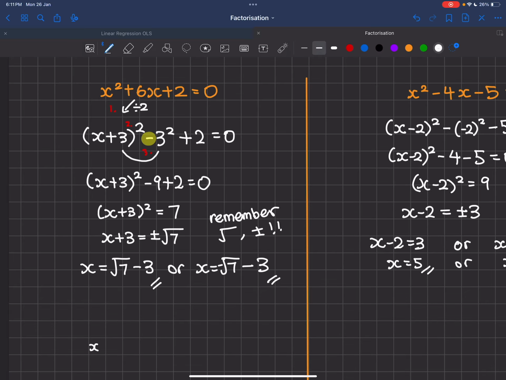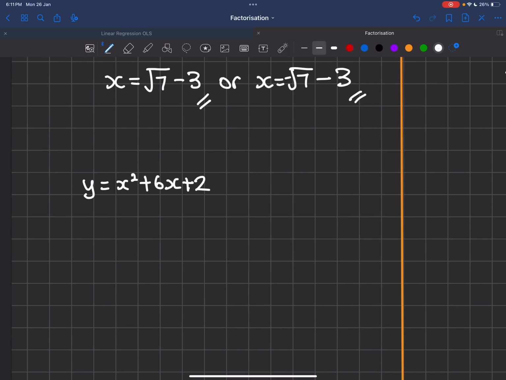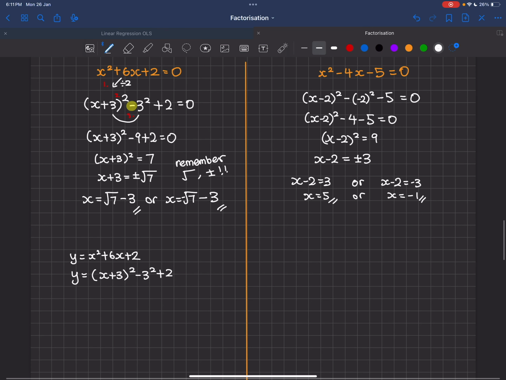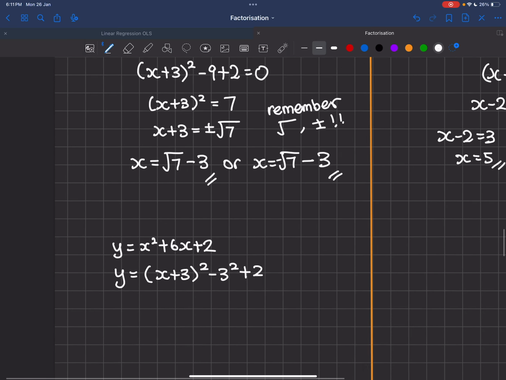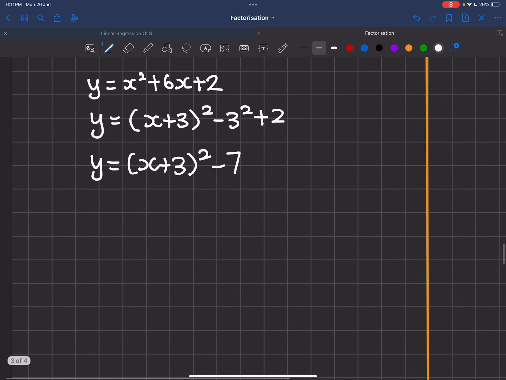X squared plus 6x plus 2, y. Okay, so we can do the same thing. X plus 3 squared minus 3 squared plus 2. Right? That's the same thing we did. So we have minus 7. So immediately you could graph this.